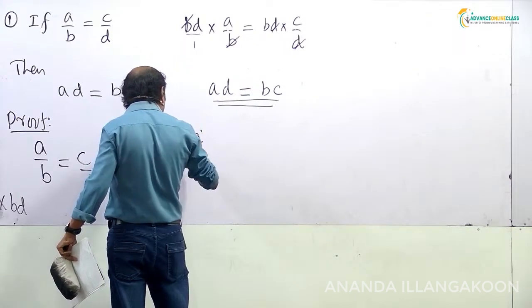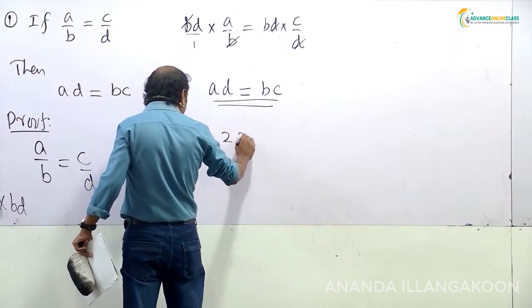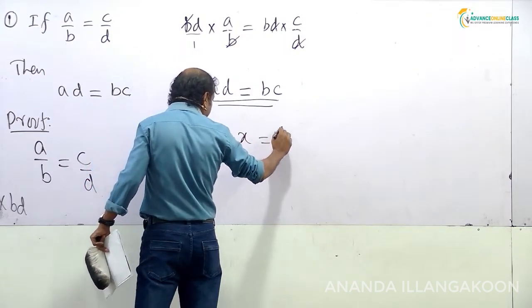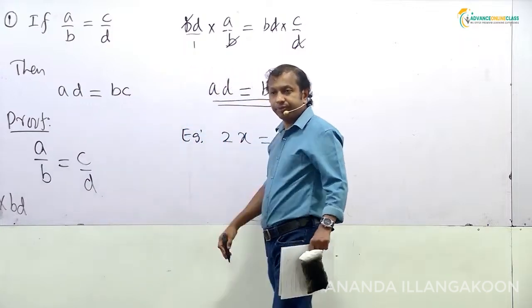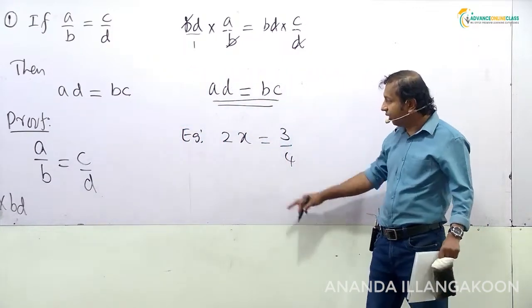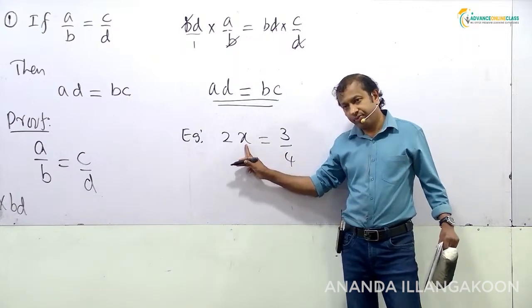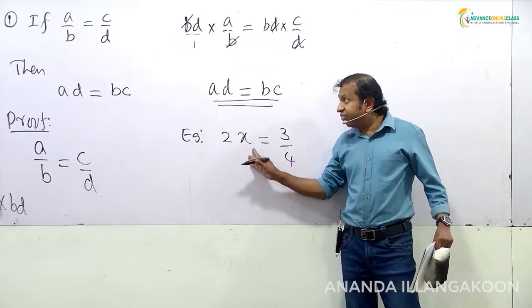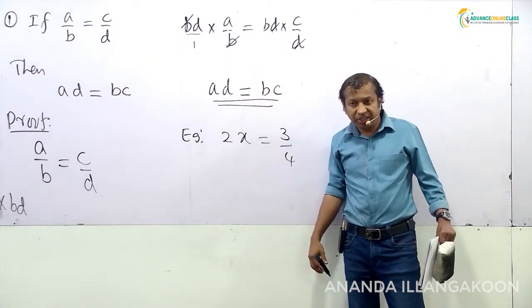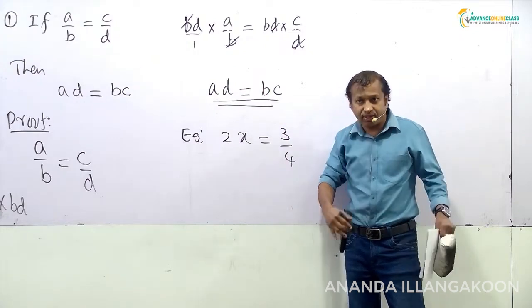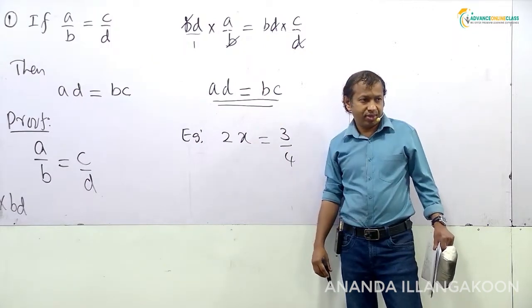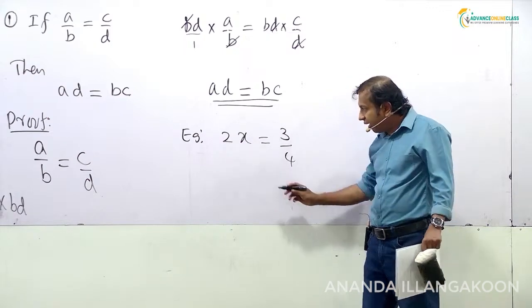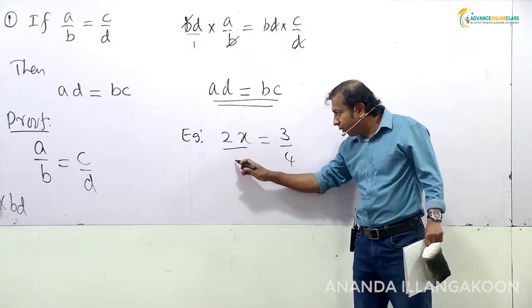An example. See here. We are given 2x equals 3/4. Now I need to find this x. Not exactly this learned one, but its extension. Here this 2x has denominator 1, no?